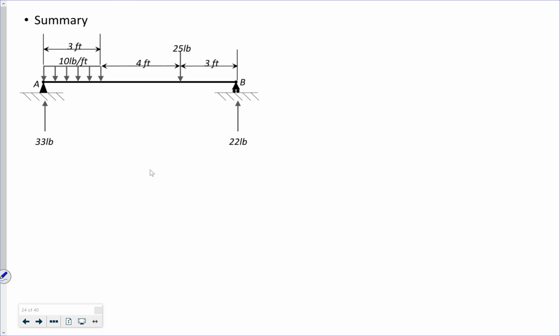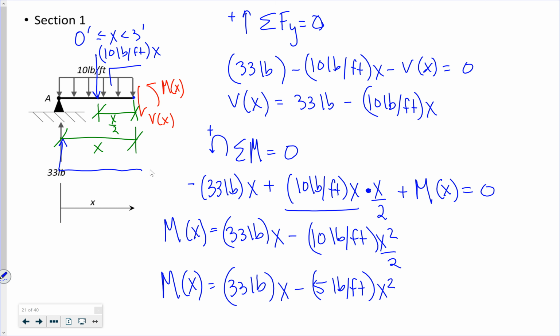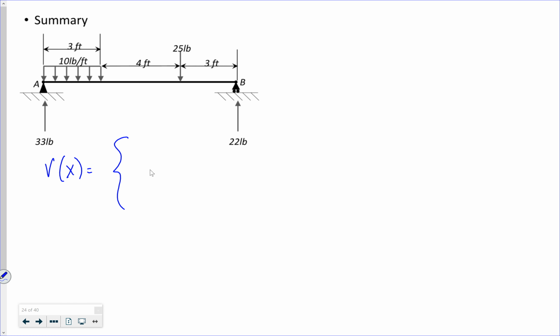So if I do a little summary, right, I've got 33 minus 10 pounds per foot times x for 0 to x equals 3 feet, or just before 3 feet.